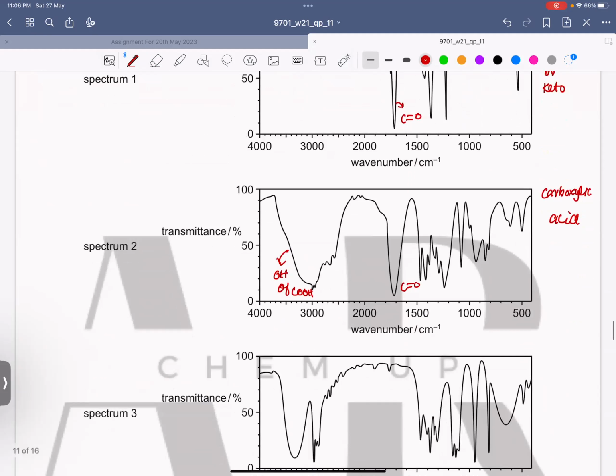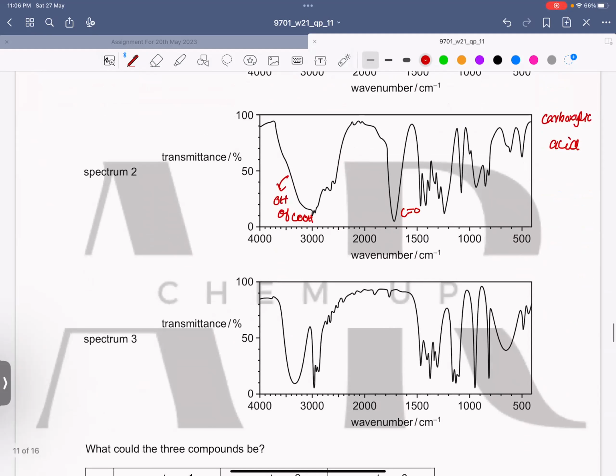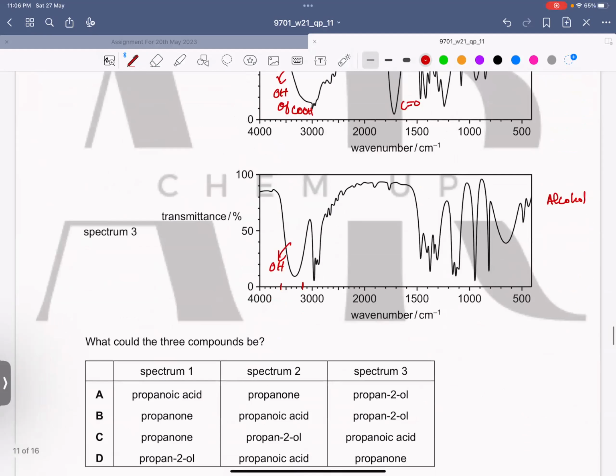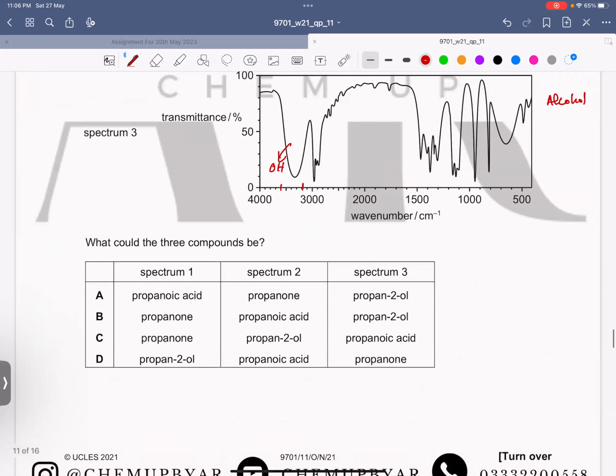Then this one has a peak of OH from 3200 to 3600, which makes it an alcohol. What could the 3 compounds be?